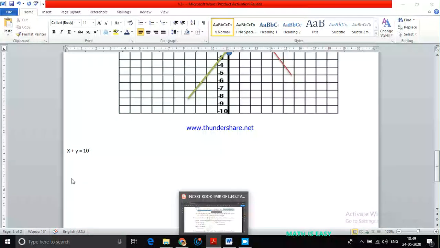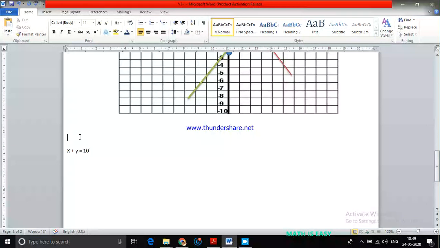Here you have to mention: let number of girls equal x and let number of boys equal y.